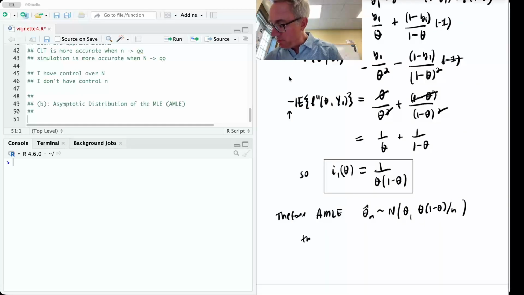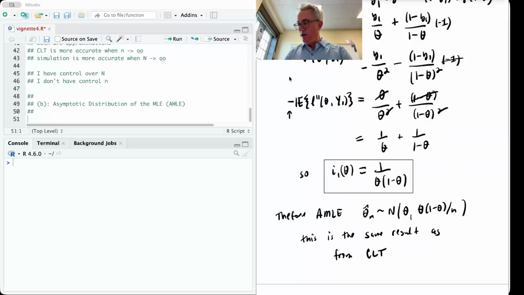But this is the same result as from the central limit theorem in part A of this vignette. So I've got R open over here, but actually I don't need to do any R because it would be exactly the same. I have the same asymptotic distribution. I can play the same trick and replace the thetas in the variance term with y bars due to the weak law of large numbers, and I would get all the same p-values and everything else. So that's the asymptotic distribution of the MLE.